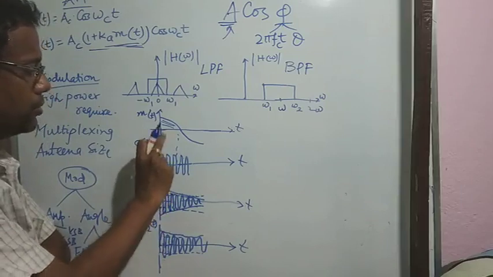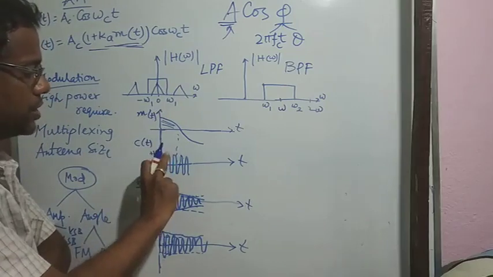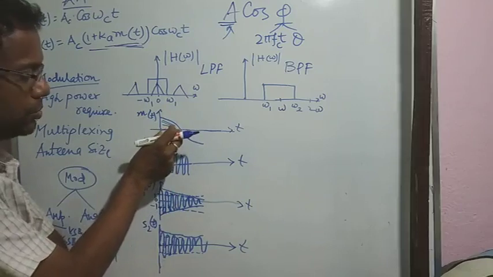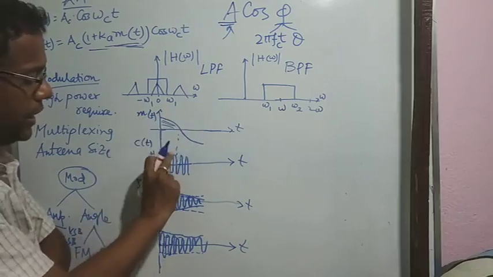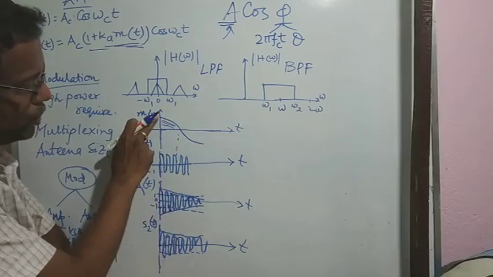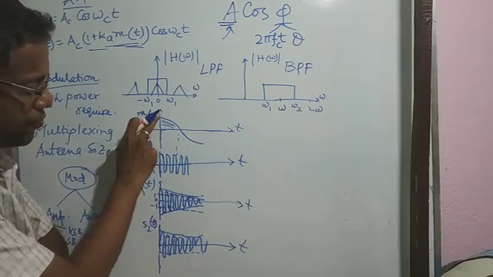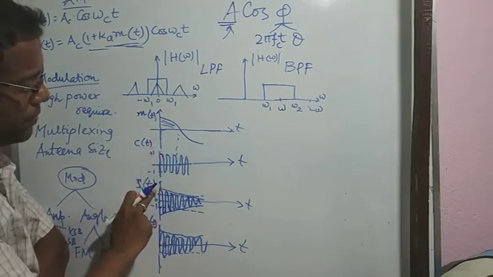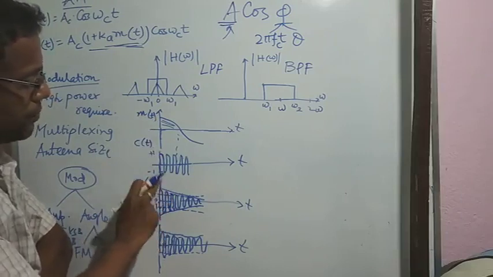Why? Because of the superimposing of this message signal. The positive part of the message signal will enhance accordingly. Here the amplitude of the message signal is highest, therefore here the amplitude of the modulated signal will be highest, and it will gradually change.